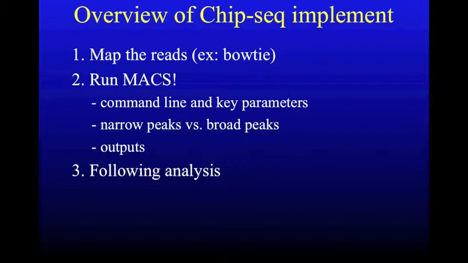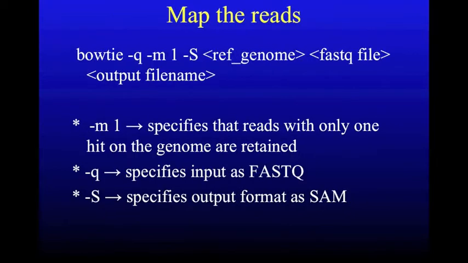Okay, so one thing to keep in mind is that when you map your reads to the genome, you have to specify that there will be only one hit on the genome per read. So to do this, we use -m 1 in the command line, and also -S is used to indicate proper output format. So here -S means the output format should be the SAM format.